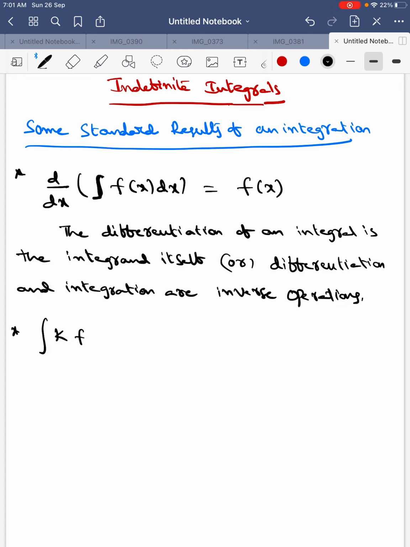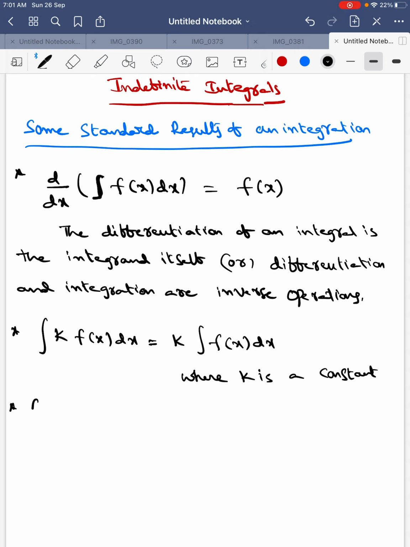Next form, the integral of k into f of x dx, where k is a constant, is k into the integral of f of x dx, where k is a constant.